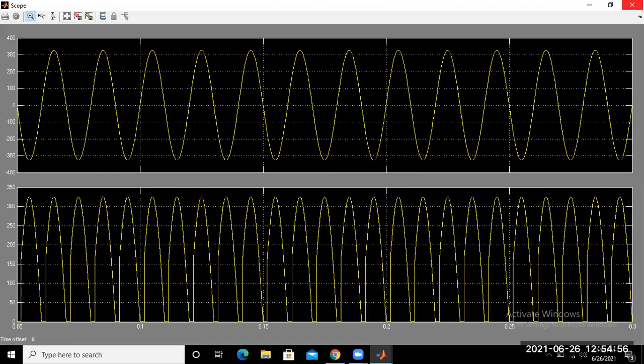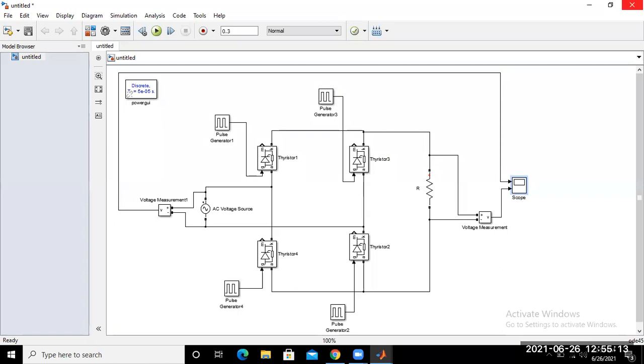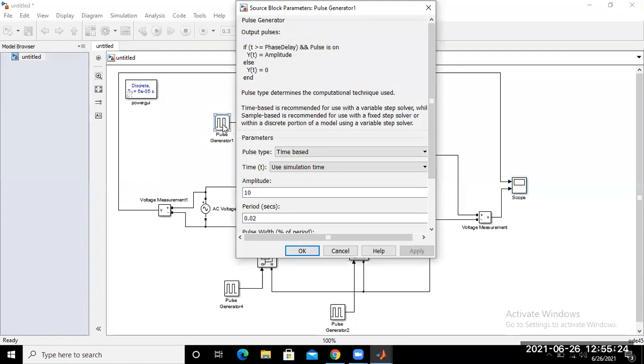This is the waveform for the phase delay of 30 degree, the input voltage waveform variation and the output voltage waveform variation.